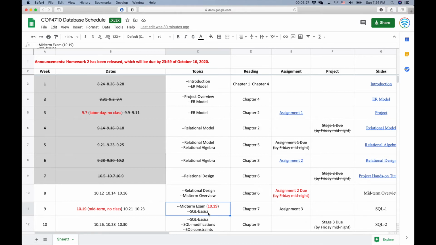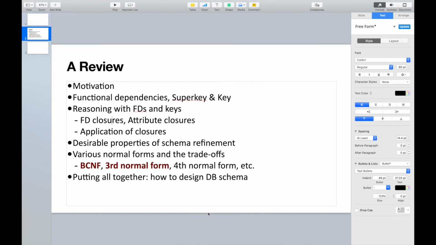Okay, so this is the plan, and let's go back to the materials we have covered. We provide you with a review of what we covered last week on the relational design. If you still remember, at the very beginning of the lectures on relational design, we talked about the motivations, why we need relational design.